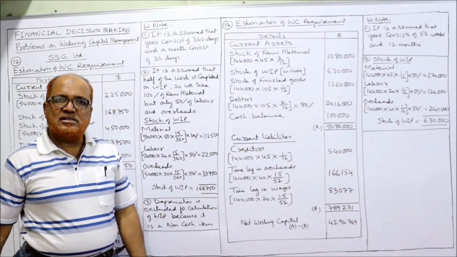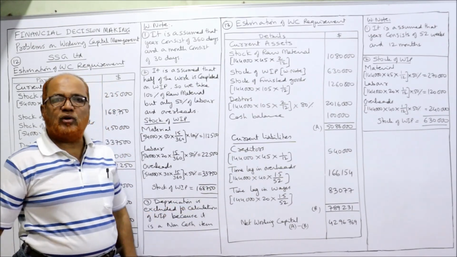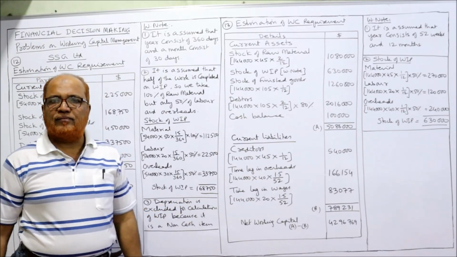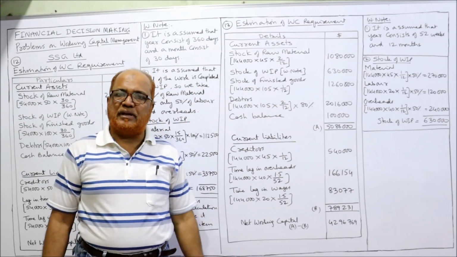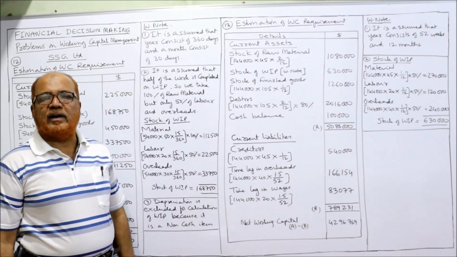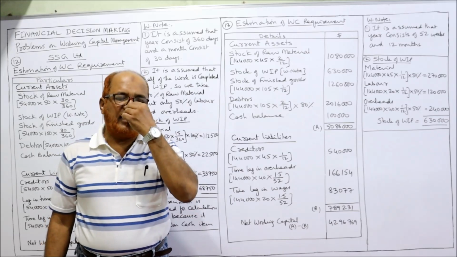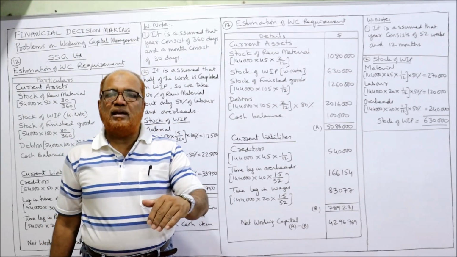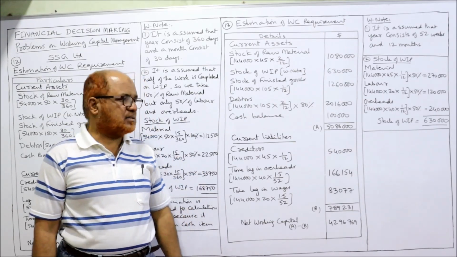Now current liabilities. Creditors, 1,44,000 units into 45 rupees per unit material cost into 1 by 12. The suppliers are allowing us 1 month credit period. So 1 by 12, 5,40,000. Time lag in overheads. It is given in the problem the time lag in overheads and wages are 1.5 weeks. When weeks are given, divided by 52. Year consists of 52 weeks.